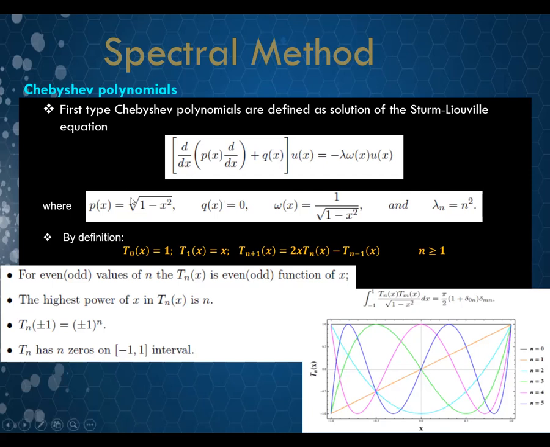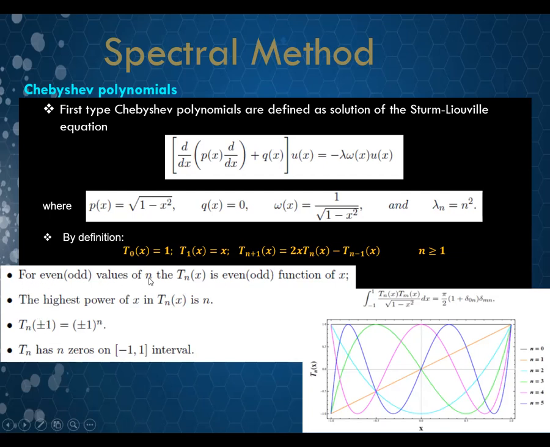The Chebyshev polynomials are the solution of the Sturm-Liouville differential equation in this form, with p, q, omega, and lambda set as here. By definition, T0 is 1 and T1 is equal to x, and this recurrence relation is used to find Tn. Some characteristics of the Chebyshev polynomials are listed here.